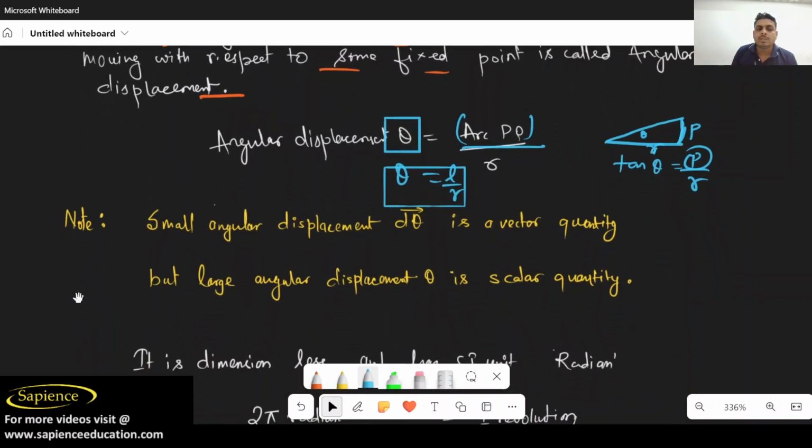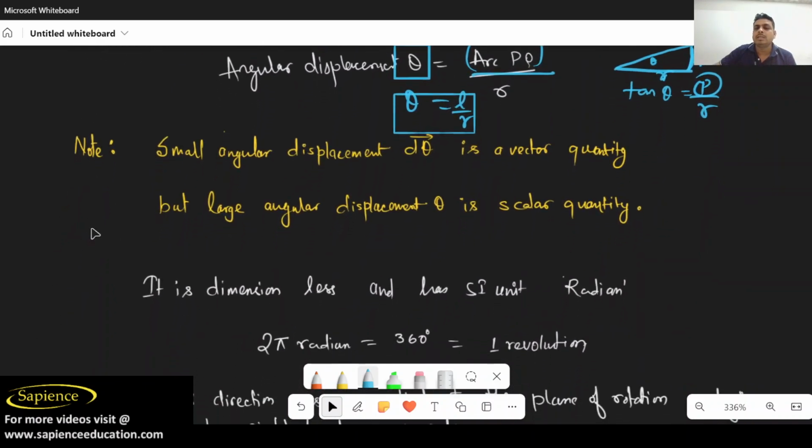Note, a small angular displacement d theta is a vector quantity. Why is it a vector quantity? See, it has some direction. For a very small angle there is a straight line, so this displacement is known as a vector quantity. But a large angular displacement theta is called a scalar. Why is it so?